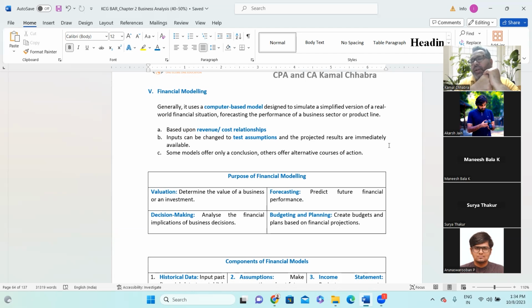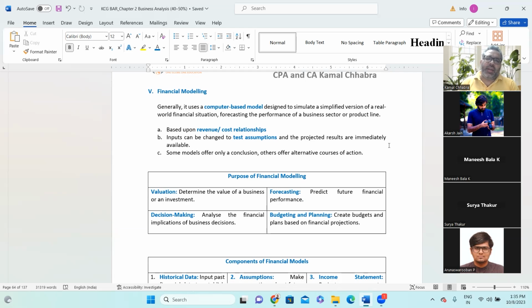Will it be profitable to go for this particular acquisition, this particular merger, this particular investment, this subsidiary, any joint venture, right? Such bigger decisions, which are strategic decisions, for that company do financial modeling.